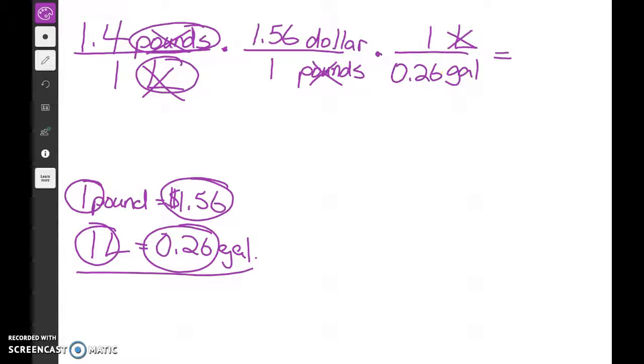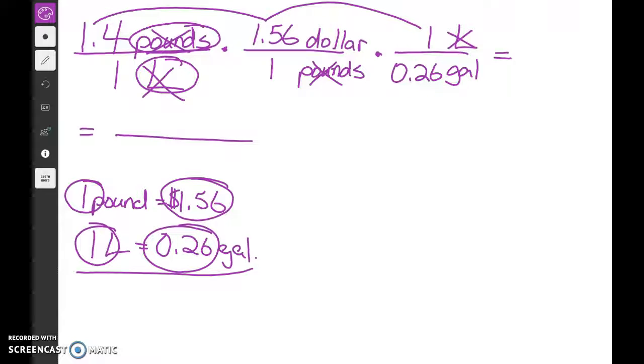All right, to work this out, I'm going to come down here since I'm running out of space on that end. All we're going to do is multiply 1.4 times 1.56 times 1. That's going to require a calculator.